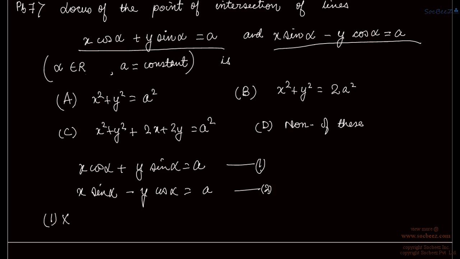So multiplying equation 1 by cos alpha and equation 2 by sin alpha, and then adding both equations, we can eliminate y, right?